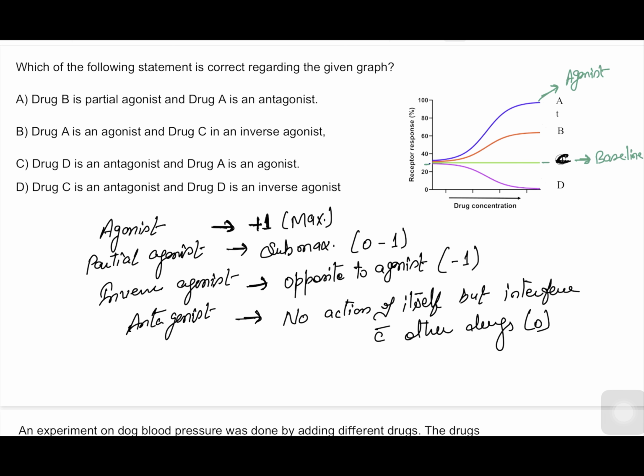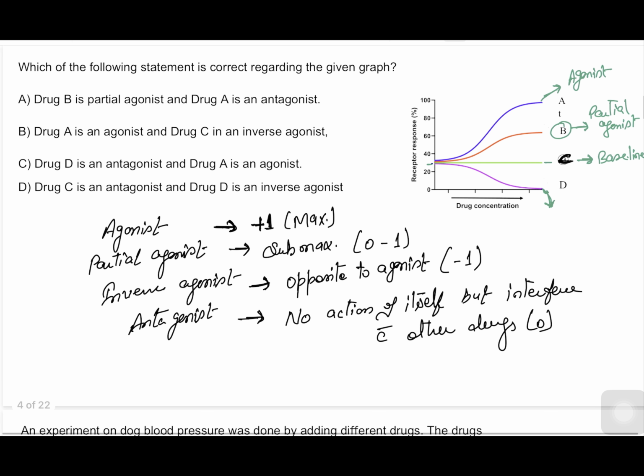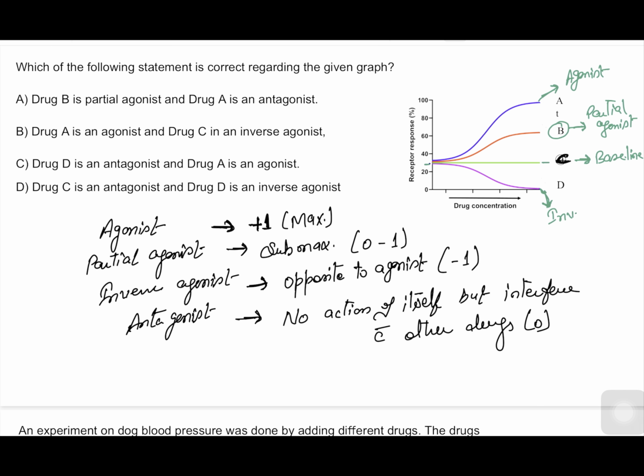Then just below that, the B drug is producing an effect, but not more than the agonist, so it can be a partial agonist. Then we have drugs which produce the opposite action against the agonist, so these will be my inverse agonist. And this C drug cannot change anything, so these will be my antagonist. So this will be the graph. Now I need to check which option is correct.